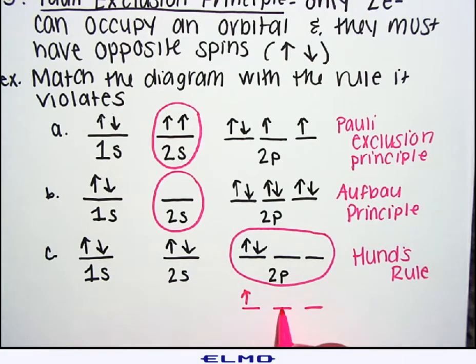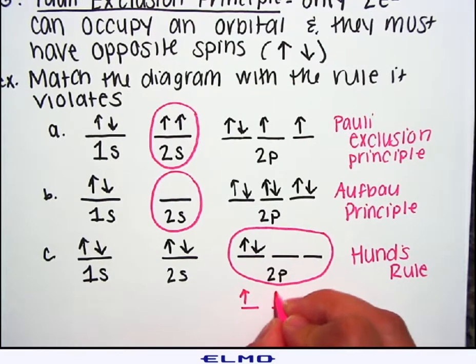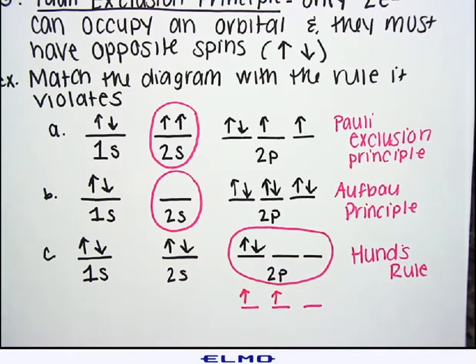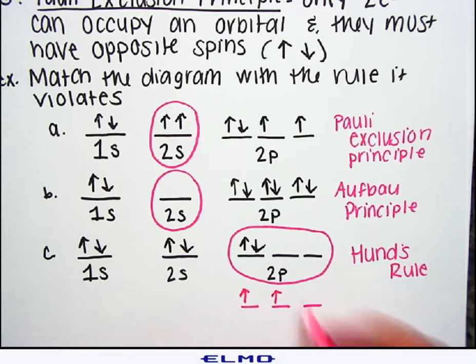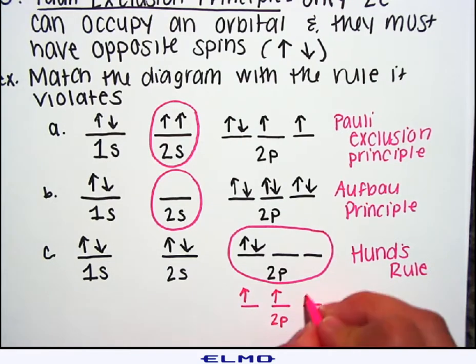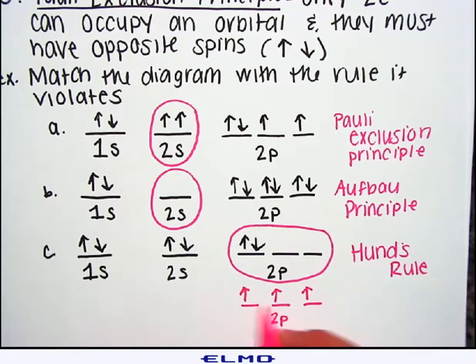The next electron is going to go in an empty orbital. Electrons are negatively charged. Like charges repel. Electrons want to be in separate orbitals if they can. So the way this would work for 2p is we would have to put 1 electron in each of the 3 orbitals before we could go back and pair them up.